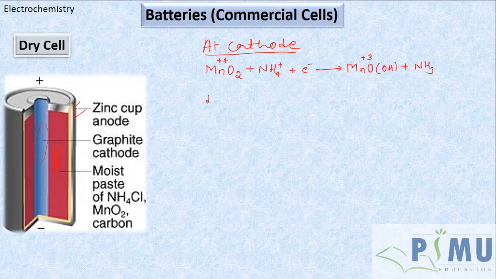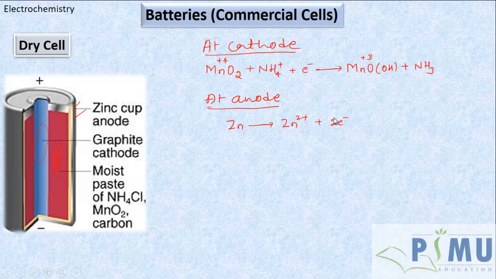At anode, zinc undergoes oxidation. Zn becomes Zn2+ plus 2 electrons.